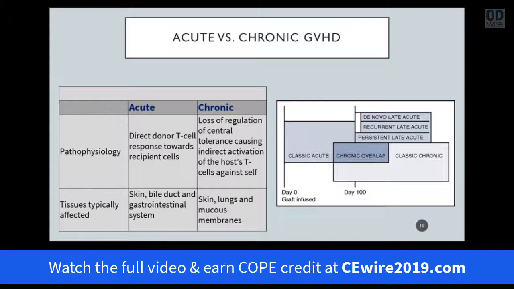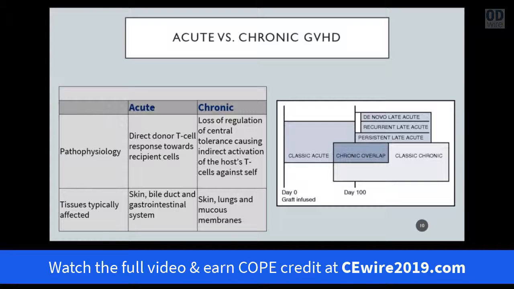And then again, with the 2014 NIH consensus, we now look at the time frame a little differently. On day 0, the graft is infused. Day 100 is where it can become overlapping, where the acute and the chronic can be a little more difficult to differentiate. But classic acute is certainly before day 100, and classic chronic is probably a little after day 100.